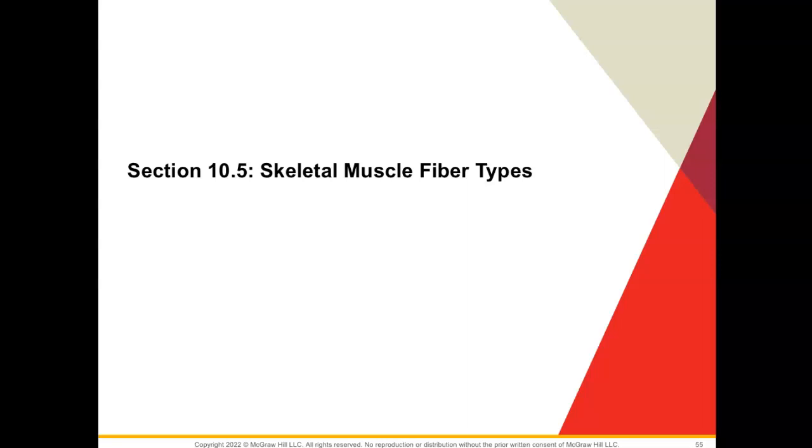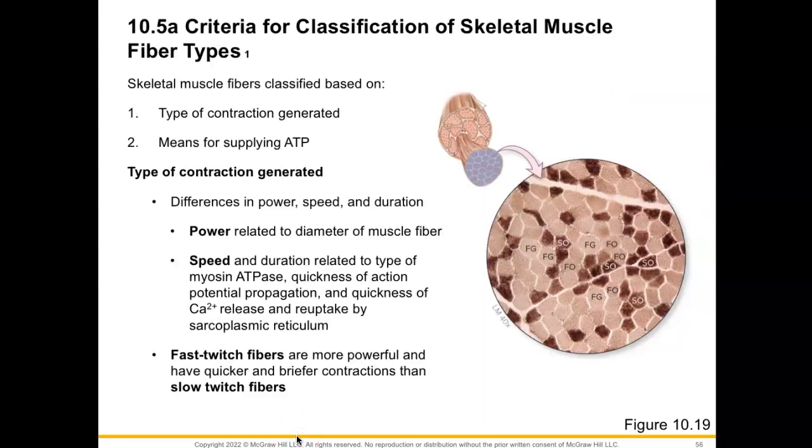Moving on to section 10.5 on skeletal muscle fiber types. Our skeletal muscle fibers can be classified based on two things: the type of contraction that's generated and the means for supplying ATP. And we'll see that the type of contraction generated is going to show us differences in power, speed, and duration.